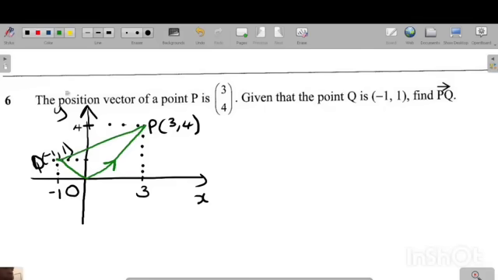Now you have OPQ. But in the question, they want you to find PQ, the vector PQ. How are you going to find the vector PQ?